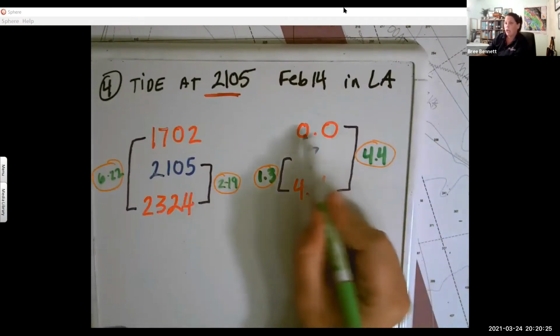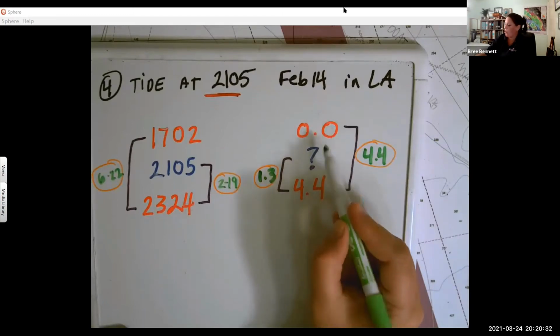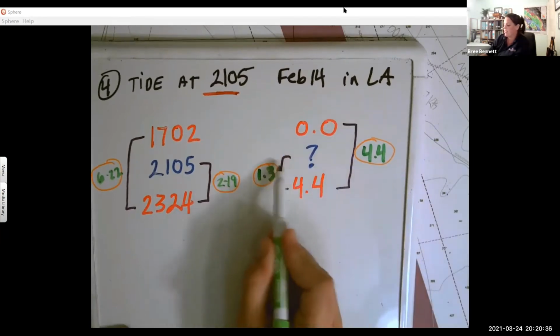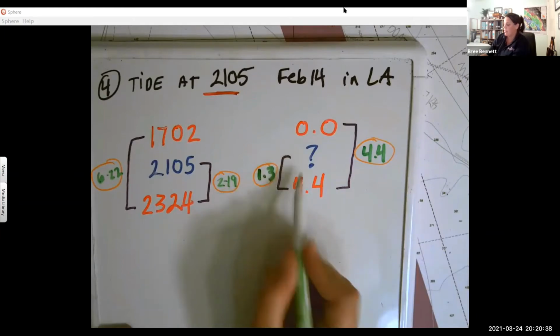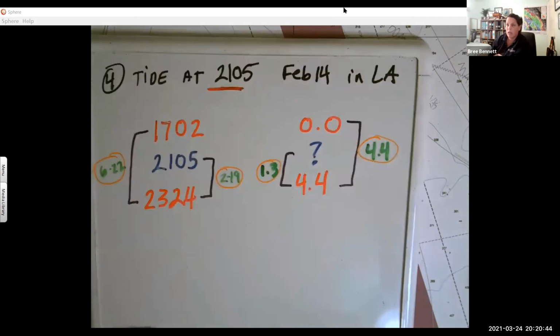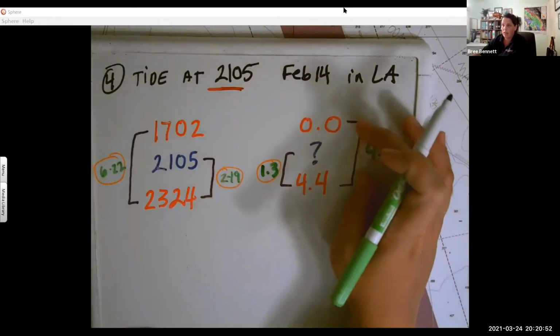So if we know that at 17:02 it was 0 and it rose all the way to 4.4, and we want to know what the tide was 2 hours and 19 minutes before that, am I going to add or subtract this 1.3? Subtract. Subtract it to keep it in this little sandwich here, right?